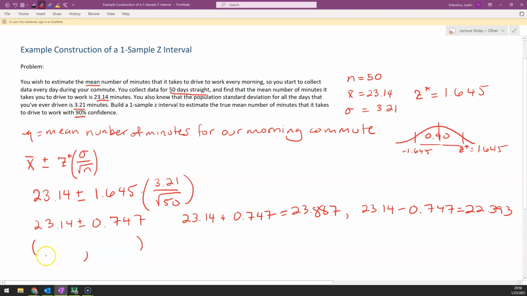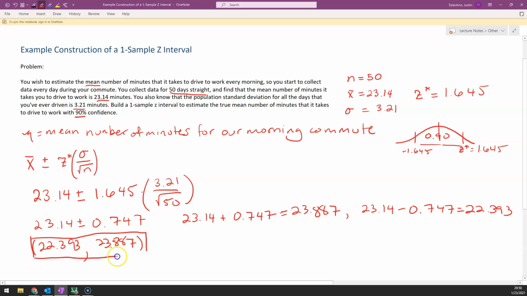And so we can fill in our interval. And there's our calculation for the 90% confidence interval.